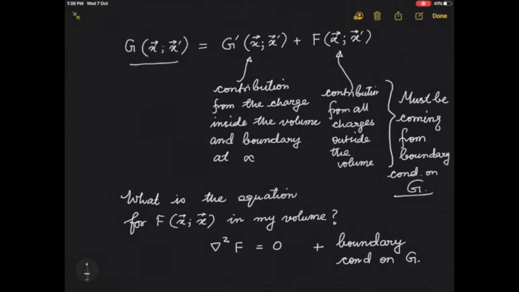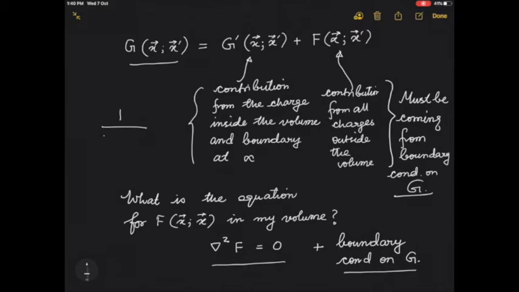So remember, F plus G prime is G. The boundary condition is on G, that is known because I know G prime at the boundary, that can translate to a boundary condition on F. So if I use that boundary condition and grad square F equals 0, I can solve for F now.